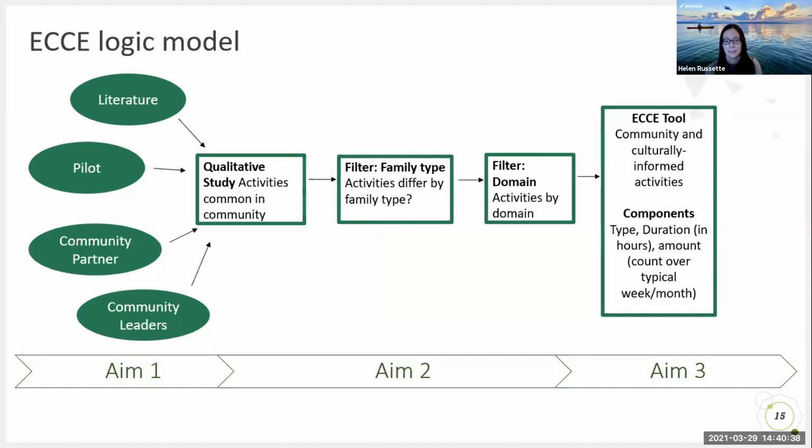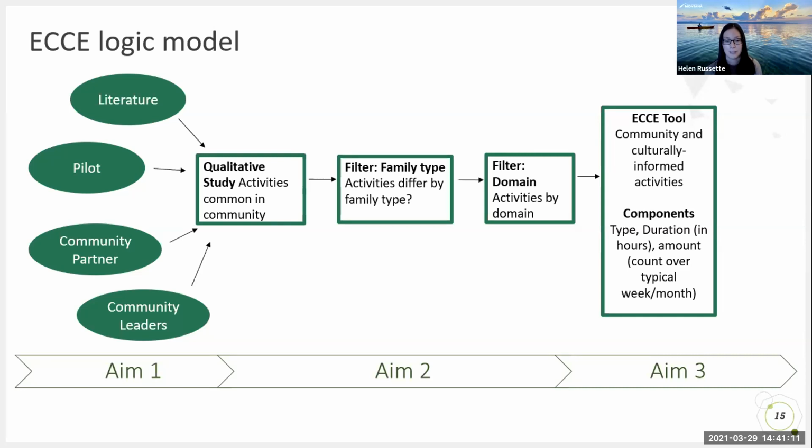And as you could see, Aim 1 really consisted of gathering evidence, relationship building, presenting the qualitative study to the Confederated Salish and Kootenai tribes leaders, for example, and one tribal council woman mentioned that Early Head Start was doing this new native language immersion program and thought that would be a good activity to measure, which of course we were able to incorporate into our study tool.